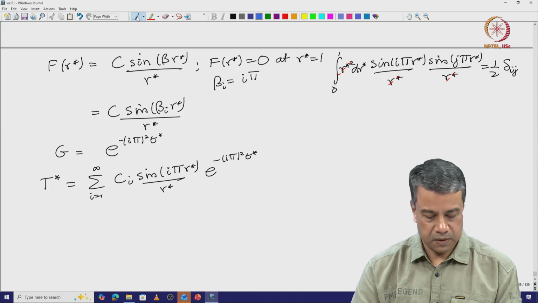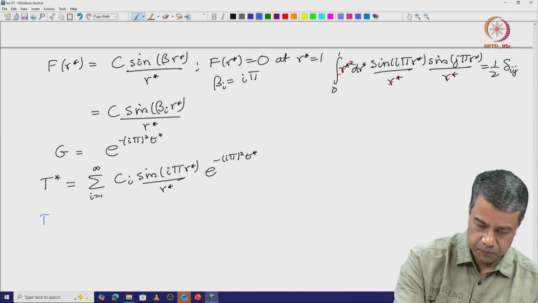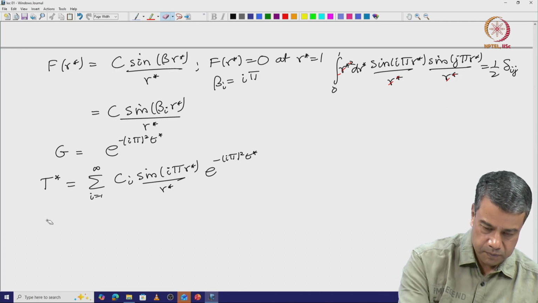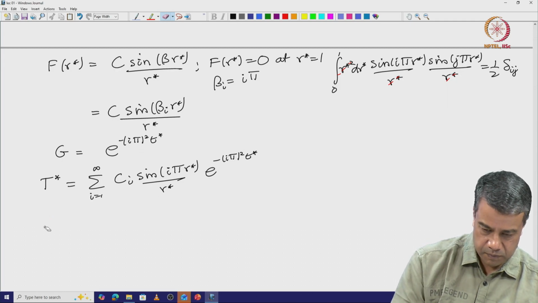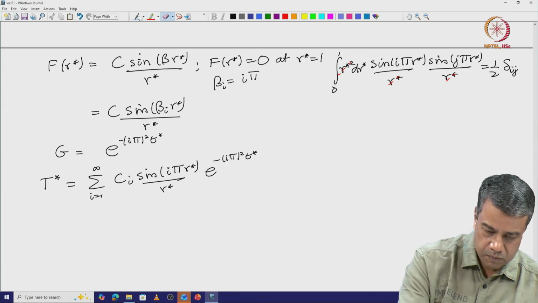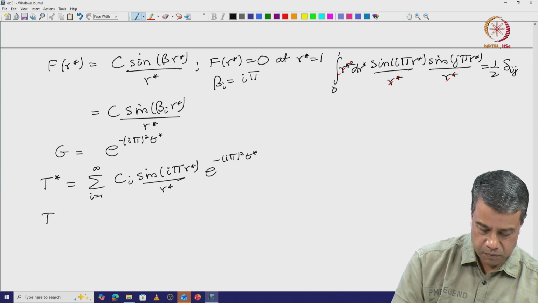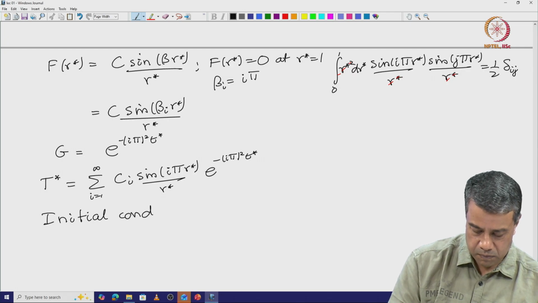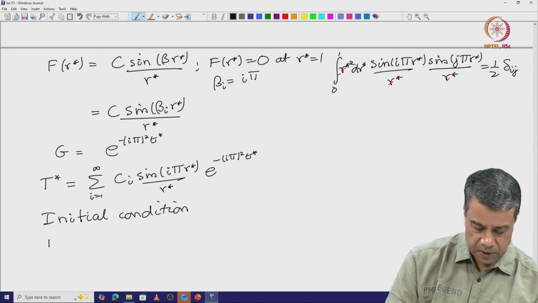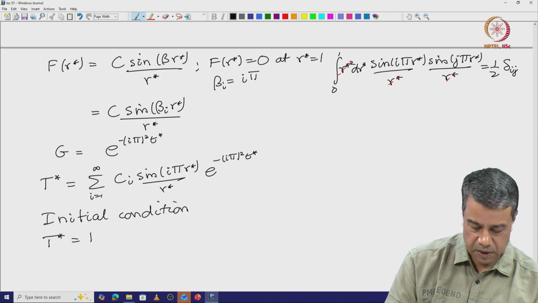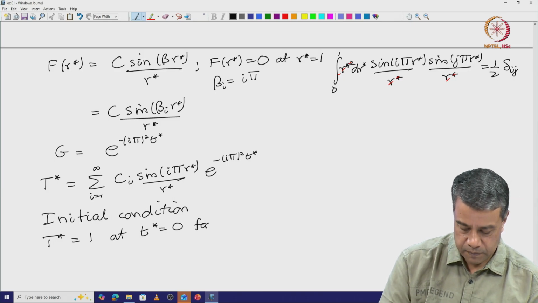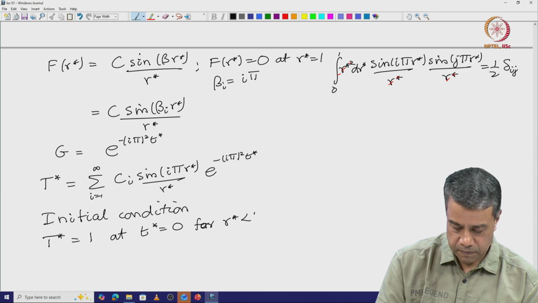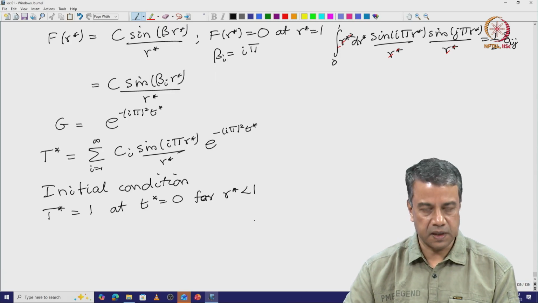Okay. So the initial condition: T star is equal to 1 at initial time, anywhere within the sphere when r star is less than 1.